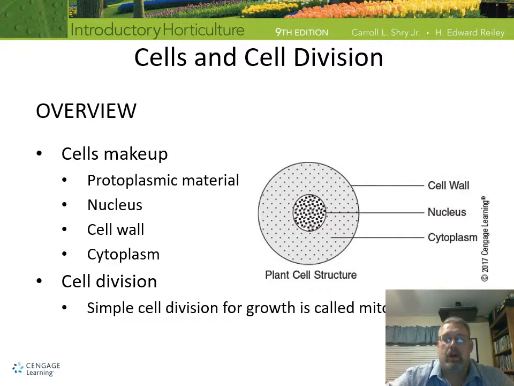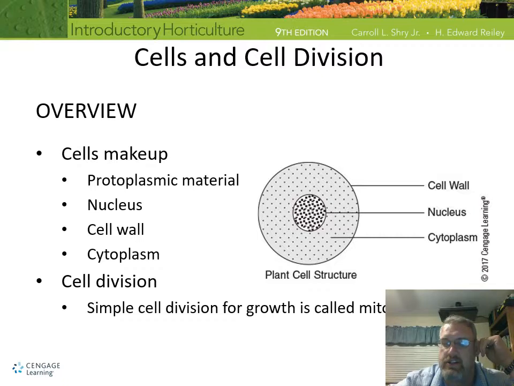So when we start to talk about when a plant is growing, you have the cell structure, and this is the same as an animal cell, except there are a few things that are different. One notable thing is the cell wall. There are no cell walls within an animal cell, but they are found within plant cells.